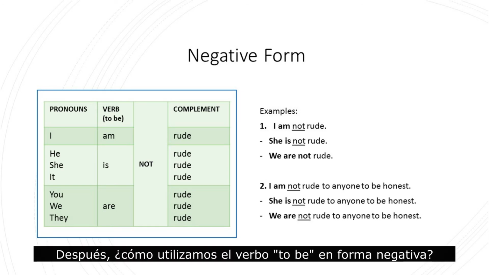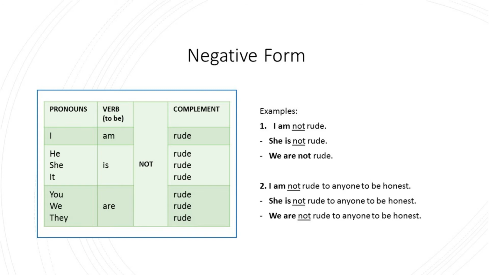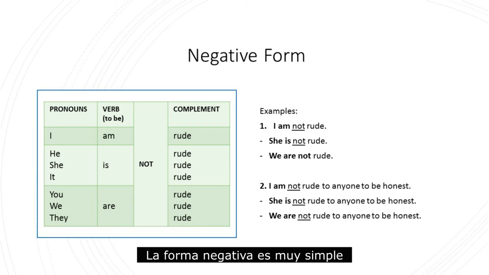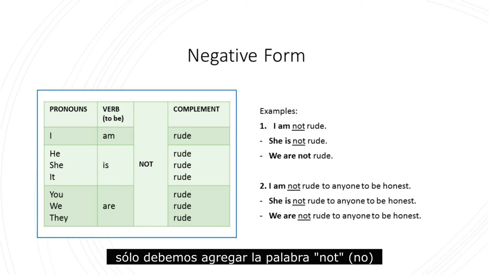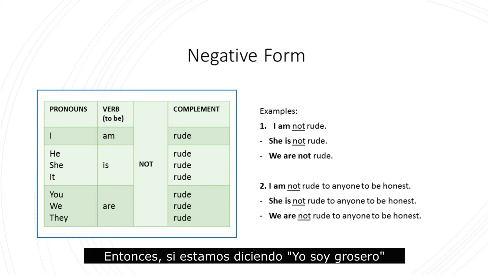Then, how do we use verb to be in a negative form? In a negative form, it's pretty simple. Once we are done writing the affirmative form, we only need to add the word not, okay?